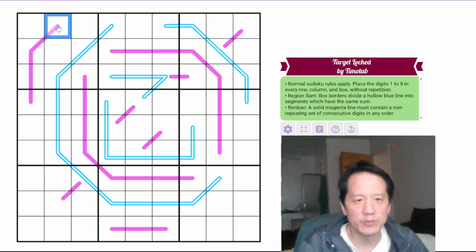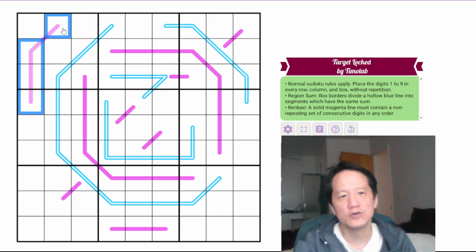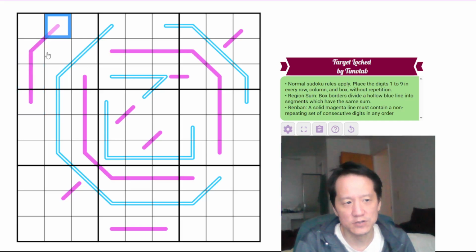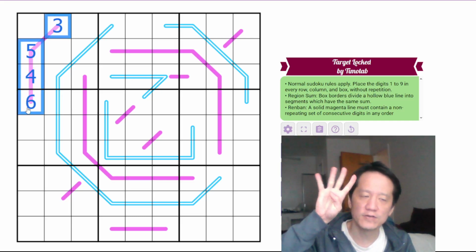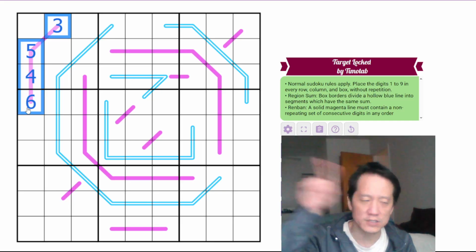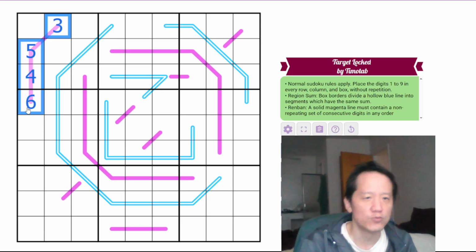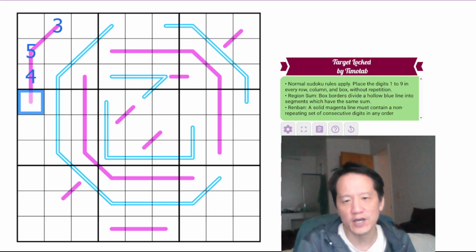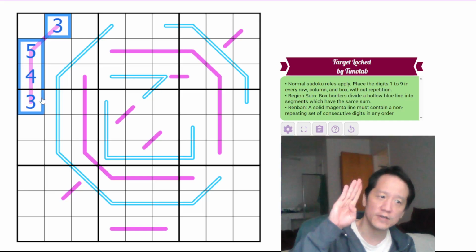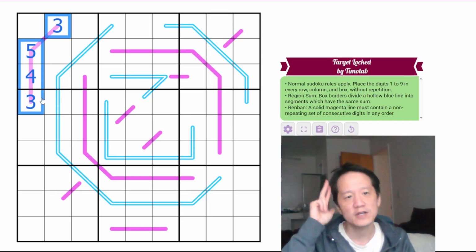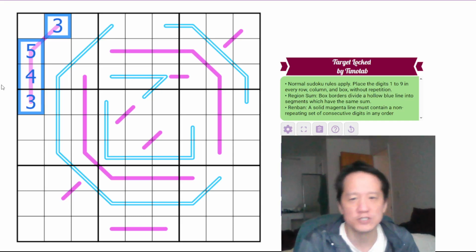So, for example, for this Renban line, you could have something along the lines of 3, 5, 4, and 6. And that works because 3, 4, 5, and 6 are all consecutive with each other, and there are no repeats. If you had a 3 here, this would not be valid, even though 3, 4, and 5 are consecutive. They do have a repeat, which is not allowed on Renban lines.